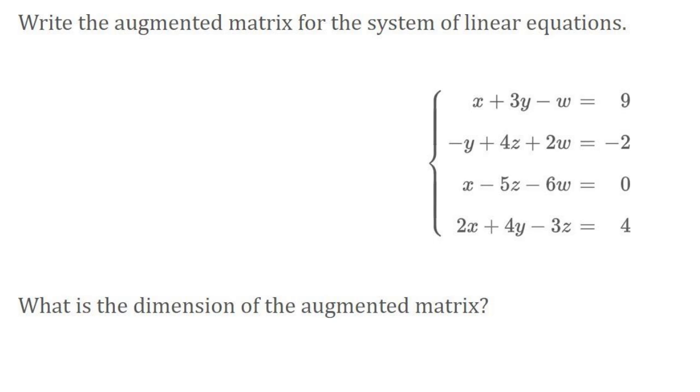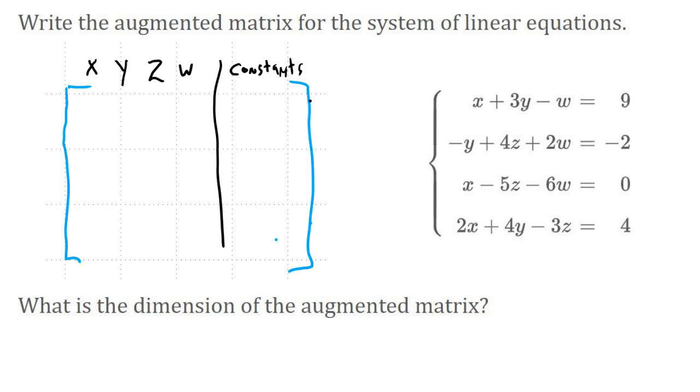The question is telling us to write the augmented matrix for the system of linear equations given here on the right. It also asks us to find the dimensions of the matrix, and we'll do that at the end. So let's convert this linear system into its augmented matrix form. First, I need to draw brackets, which indicate that I'm dealing with a matrix.